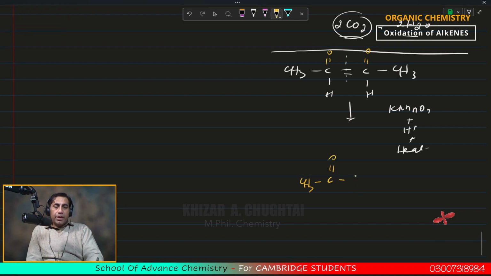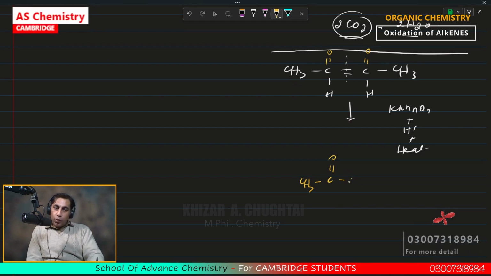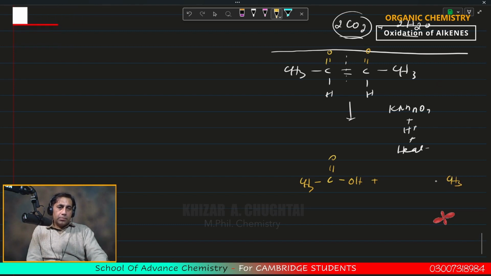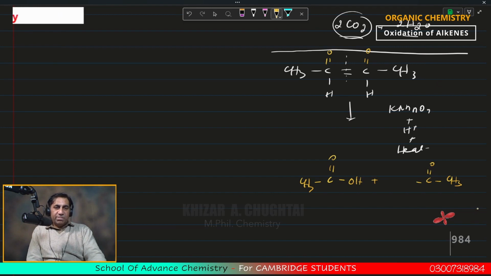What should be over here? I wrote CH3, C double bond O, then what next? OH, correct. I mean, aldehyde will not be formed. Either the acid will form or ketone will form. So acid, what about the next portion? Here, OH, yes.